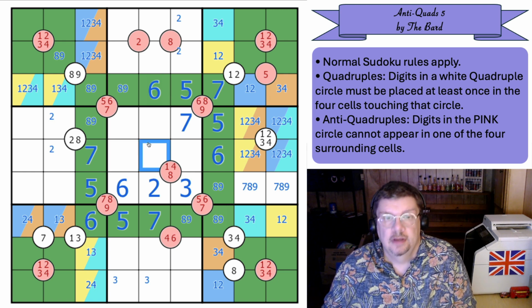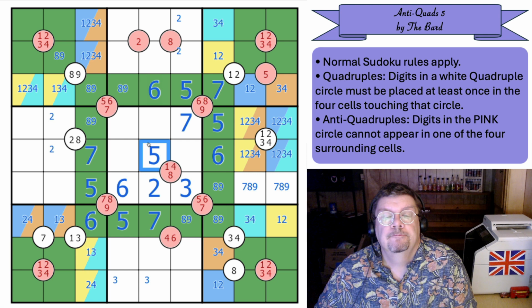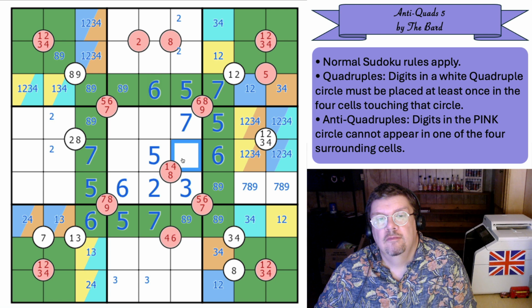I've got 4 5s looking in. Right, that is not 1, 4, or 8.